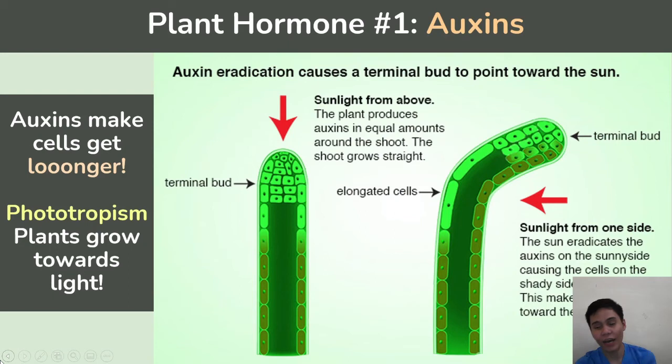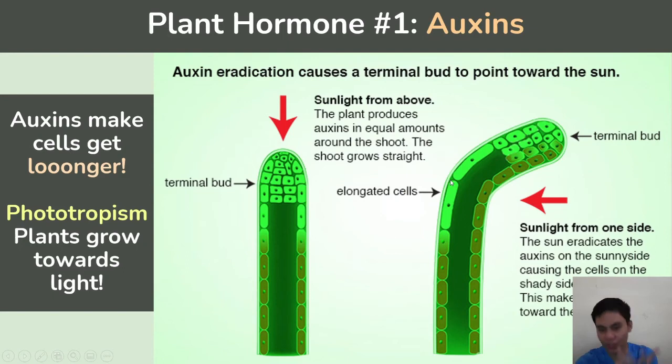So how this happens is that when there's no sunlight on one side, auxins do not form very well. So since there's no auxins on one side and more auxins on the other, the cells elongate on the side with auxins, the one side that has exposure to the light. So what happens is that your plant tends to bend towards where light is. That results in phototropism, or plants growing toward light.